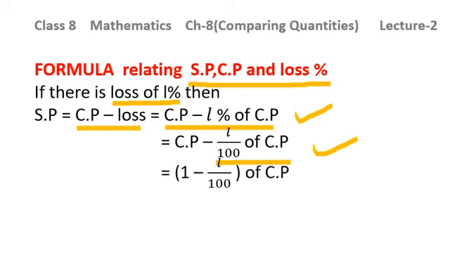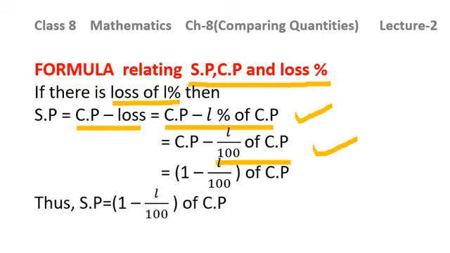Then we have taken CP common, as we have done in the previous formula, 1 minus L over 100 of CP. Then the formula will be SP is equal to 1 minus L over 100 into CP. So this is the formula. Now if I need to find the formula in terms of CP, how will I do it?